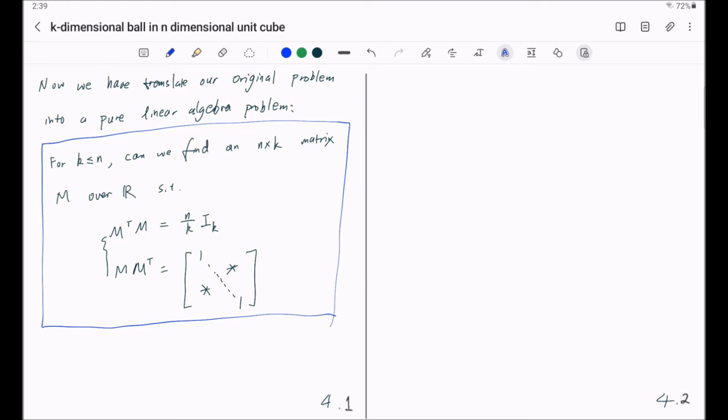And now I'm going to show you there does exist such an M. Indeed, we let L be this matrix, the square root of n over k times I_k stacked over 0, this block matrix. This is an n by k matrix.